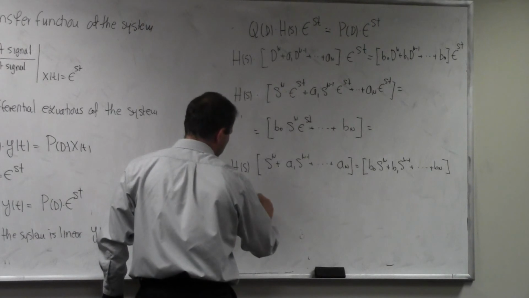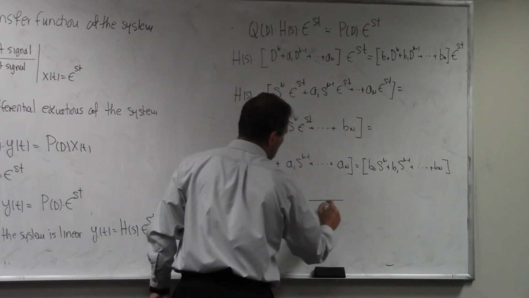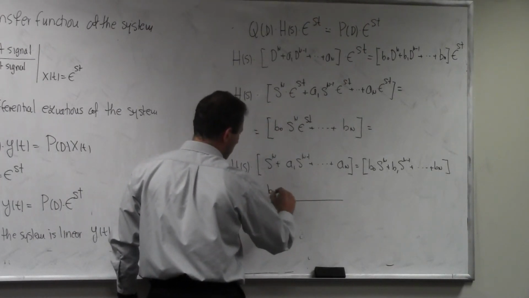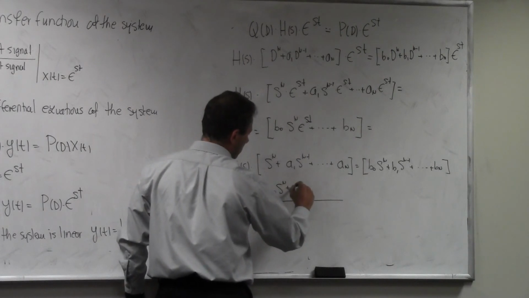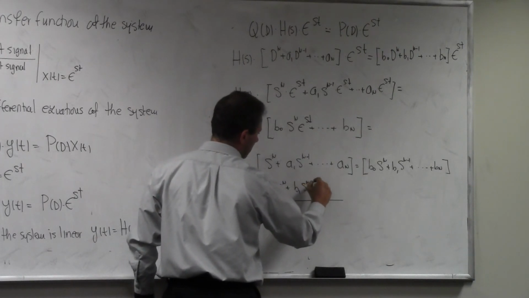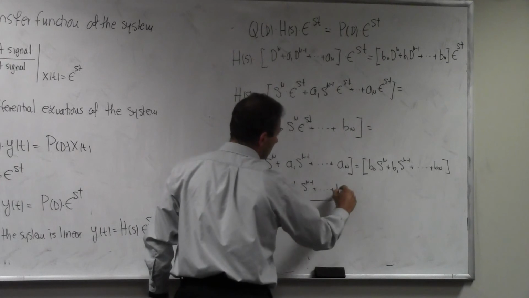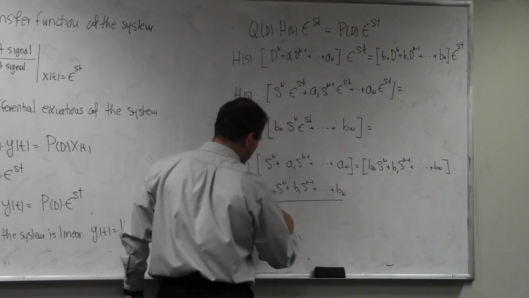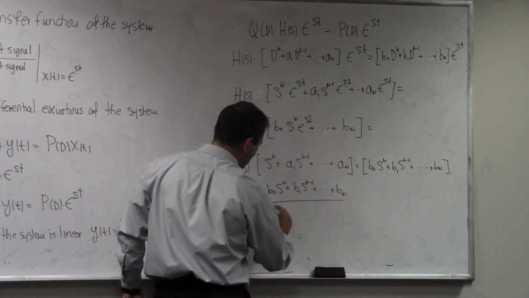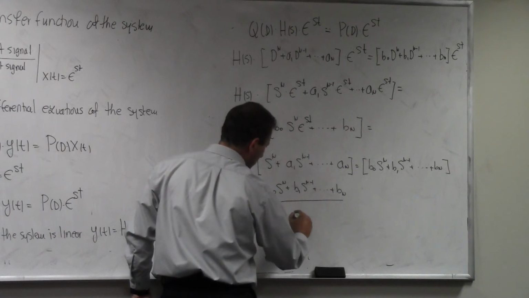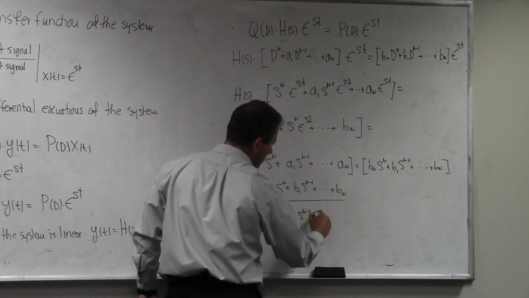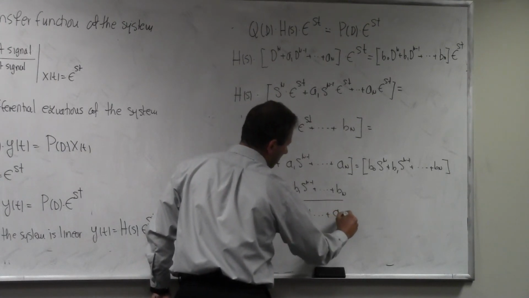And H of s is equal to b0 s to the n plus b1 s to the n minus 1 plus and so on, bn, over s to the n plus a1 s to the n minus 1 plus and so on, an.